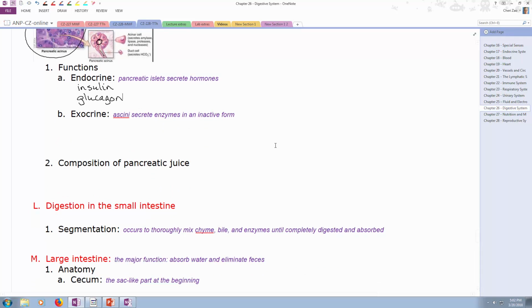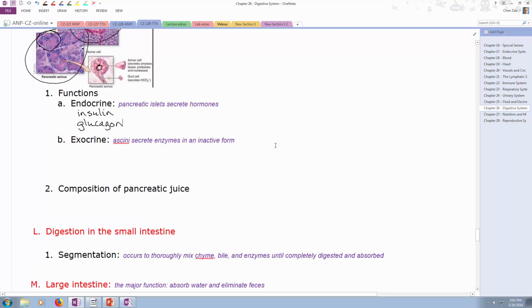The pancreas is predominantly, though, as far as histology goes, an exocrine organ with all of that acinar tissue. And the pancreas will secrete its enzymes in an inactive form. If we take a look at the cartoon up above, it tells you the basic enzymes that the pancreatic acini secrete.